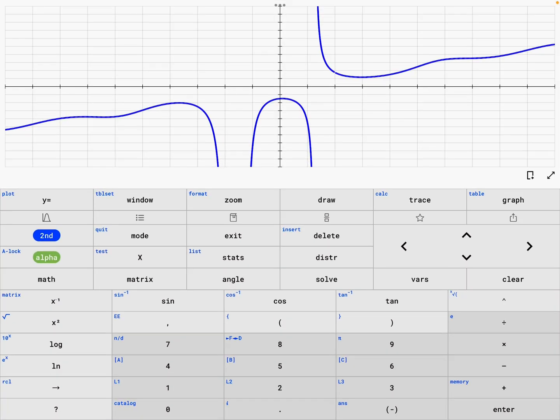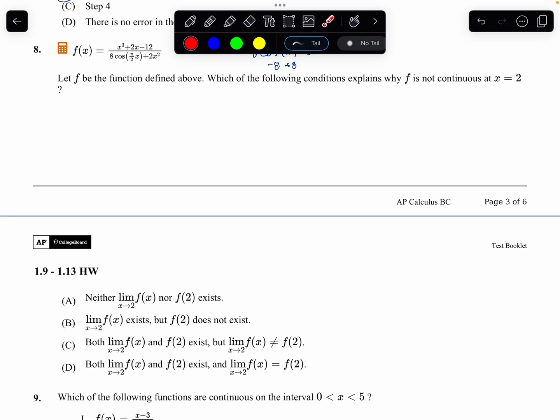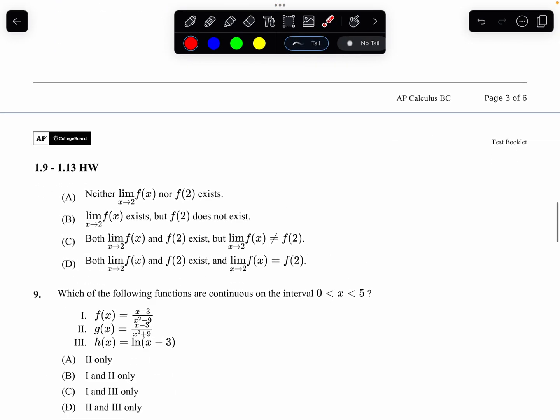If I'm looking at it at x equals 2, I think the limit does exist. It looks like the limit is defined there, because the limit from the left equals the limit from the right. And then, B: the limit as x approaches 2 of f of x exists, but f of 2 does not exist.